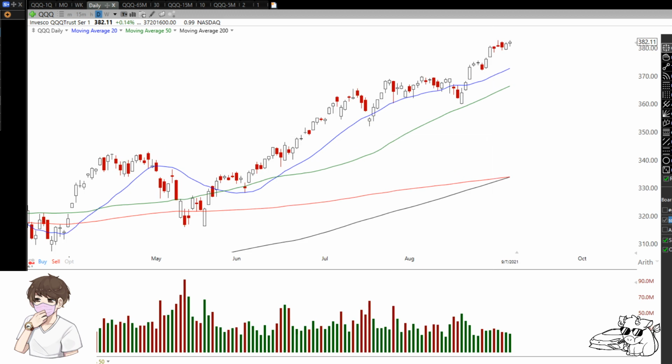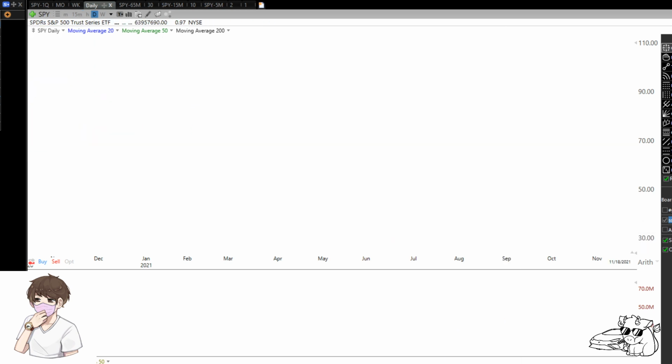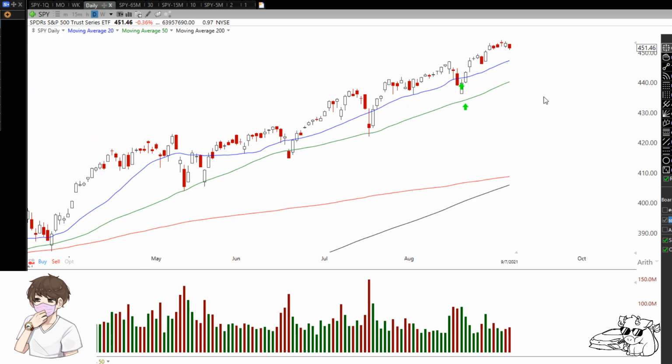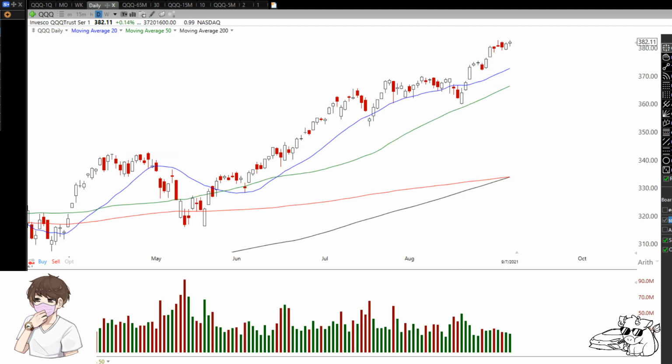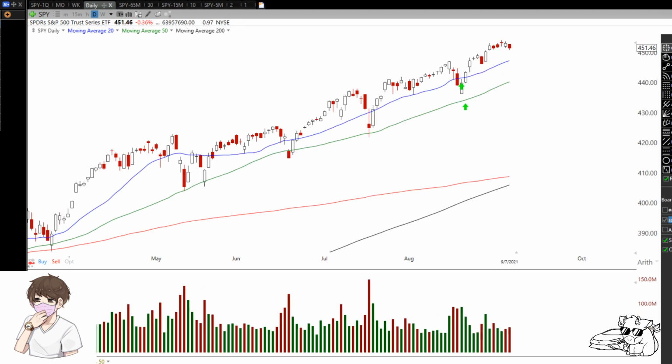For example, when the VXX, the volatility index, is going, you want to pay attention to bigger movements and be more cautious. But as of right now, everything is just slow, up, and neutral. You want to find the weaker sectors and trade that. And that's it.